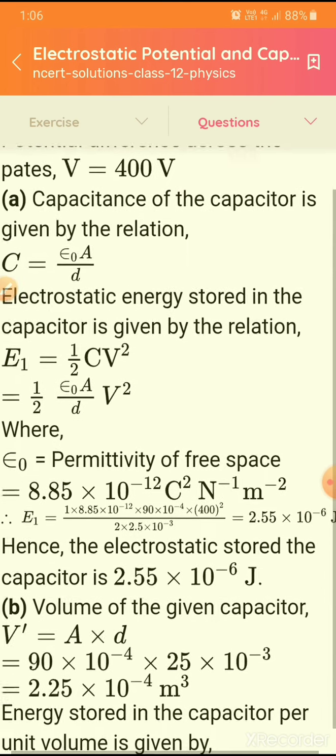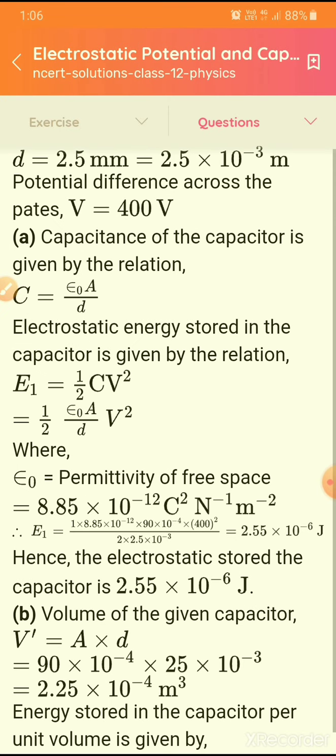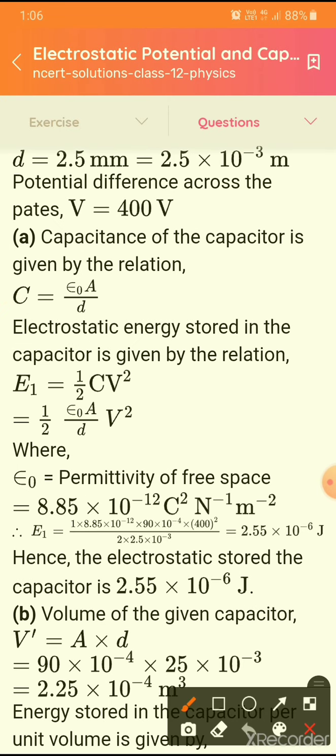If you simplify these things, you will get the answer as 2.55 into 10 to the power of minus 6 joules. Energy is written in joules. Hence, the electrostatic energy stored in the capacitor is 2.55 into 10 to the power of minus 6 joules.